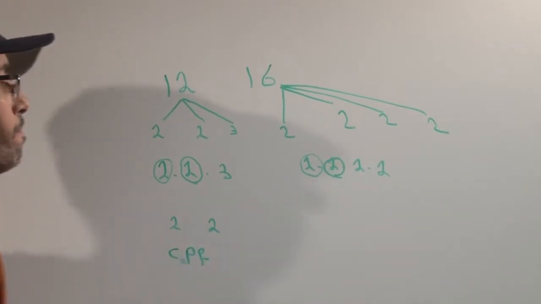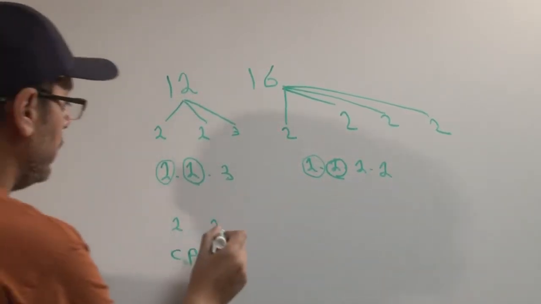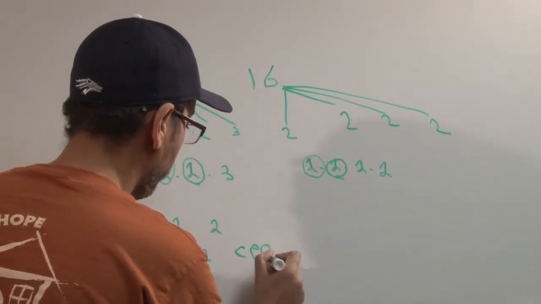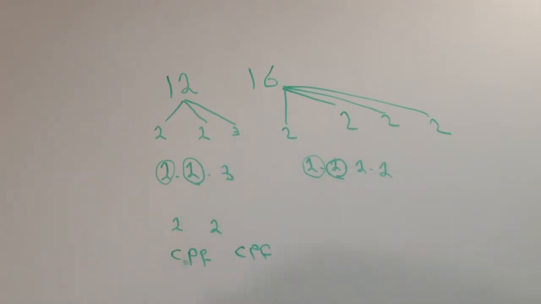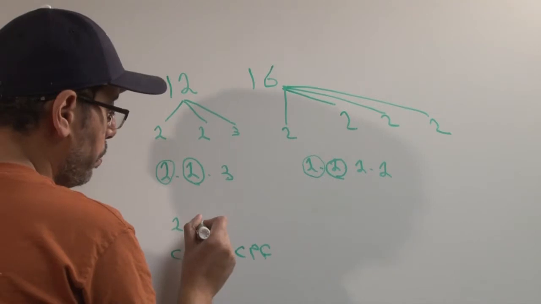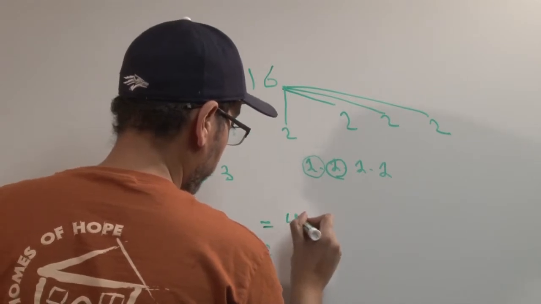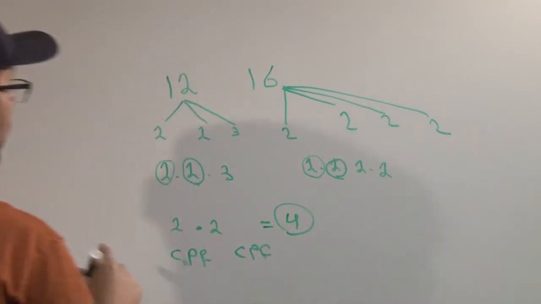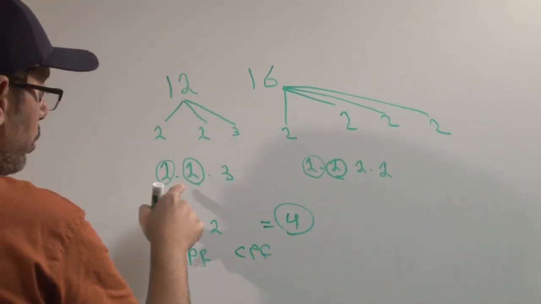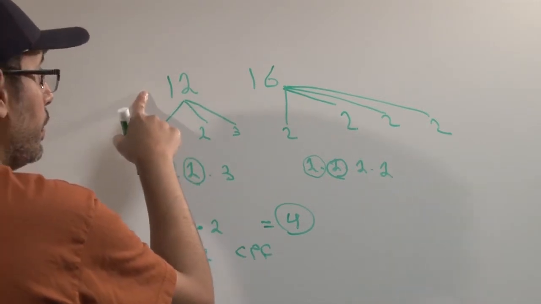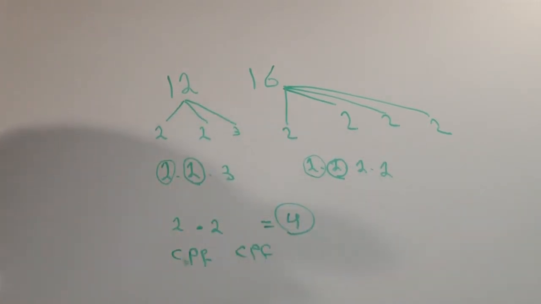This is a common prime factor, CPF, and this is CPF as well. I could multiply that together, 2 times 2 equals 4. And 4 would be a factor for 12 and 16 as well.